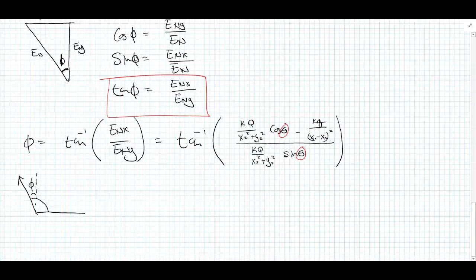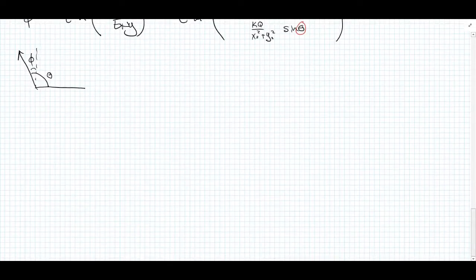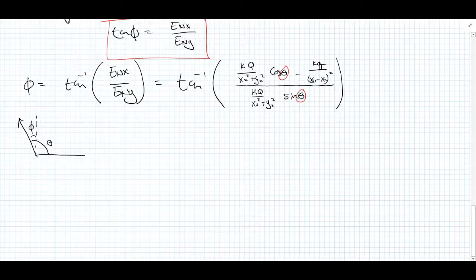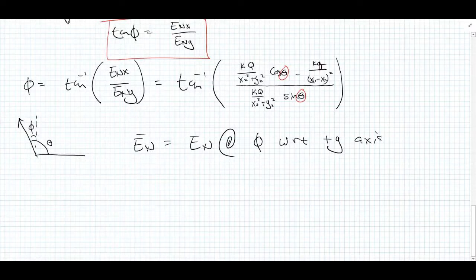It is perfectly acceptable to say that the net field is equal to its magnitude, which I calculated above, at some angle with respect to the plus y axis. And that angle is exactly the angle that I just calculated.